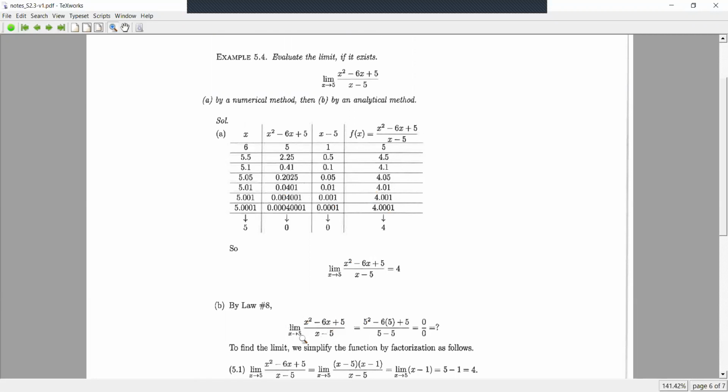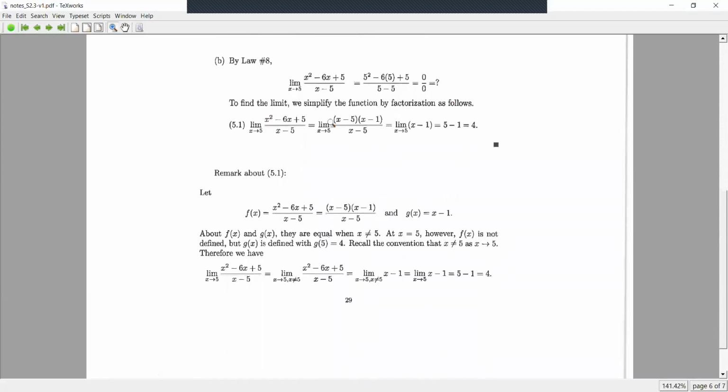How to determine this limit by direct substitution? To find a limit, we need to simplify the function. How to simplify this function?